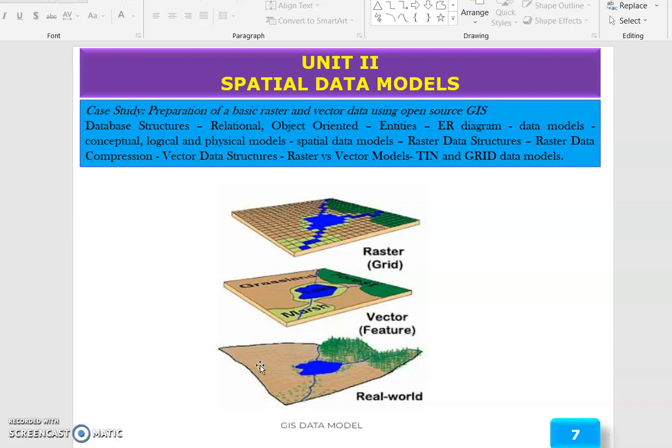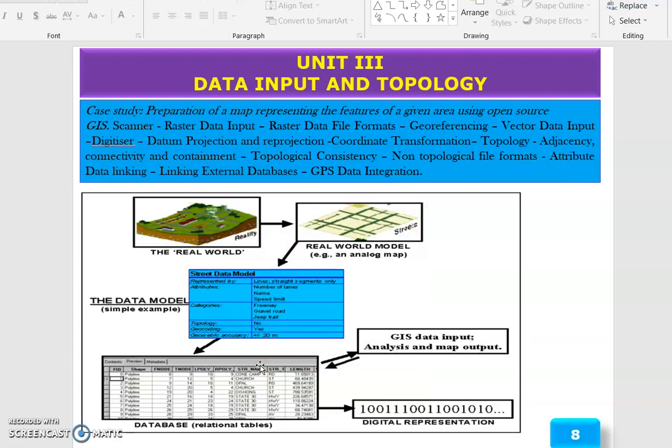We discuss spatial data in unit 2. How we can integrate this spatial data with data input and topology, we are going to discuss in unit 3. In addition, the case study: preparation of a map representing the features of a given area using open source GIS. Here we are using the GIS software.